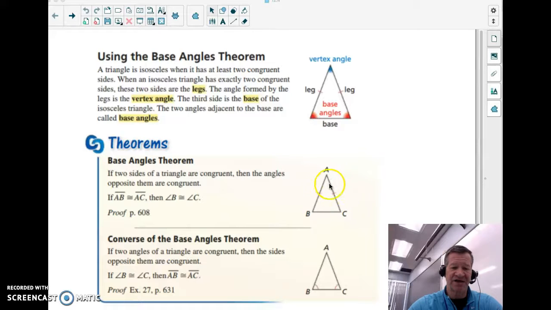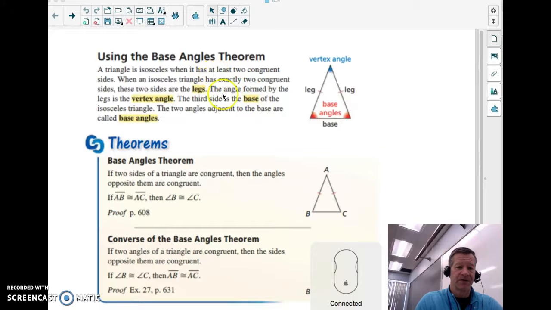So side AB and AC are congruent, then angle B, which is across from this angle, will be congruent to angle C, which is across from the side. So if I mark that on the figure, I would mark that angle B and C are congruent.